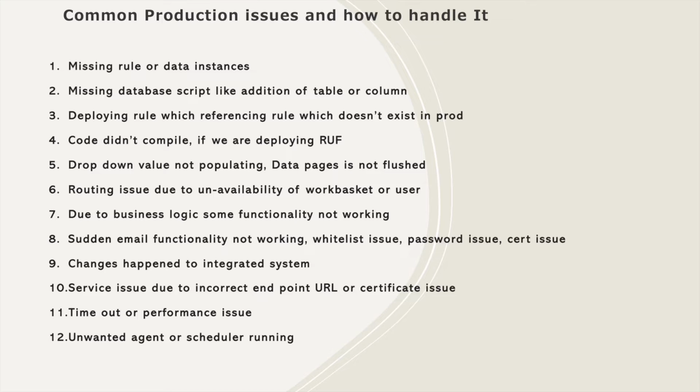The data instances we miss include class instances, dynamic system setting instances, database table DB instances, and work basket instances. If you're missing a rule, maybe we can catch it early, but sometimes we do not think much after code deployment and do not do much checking on the data instances side.